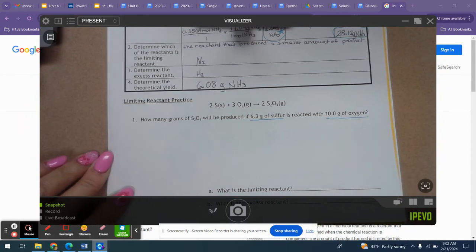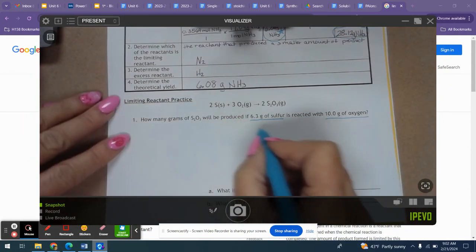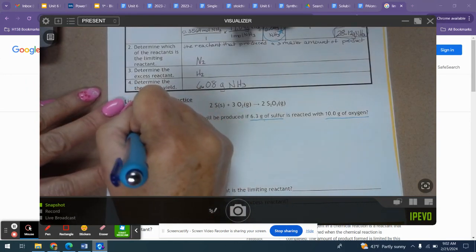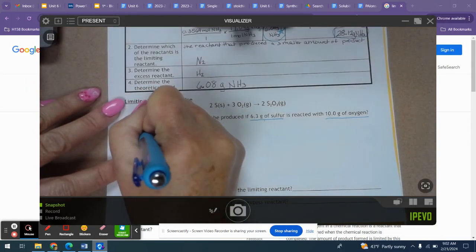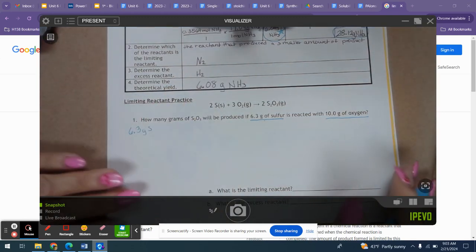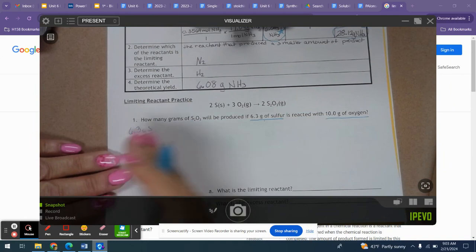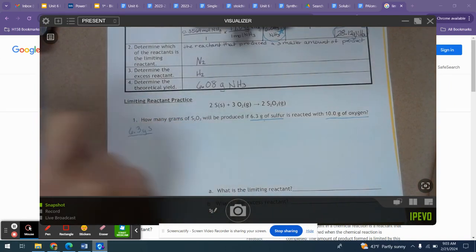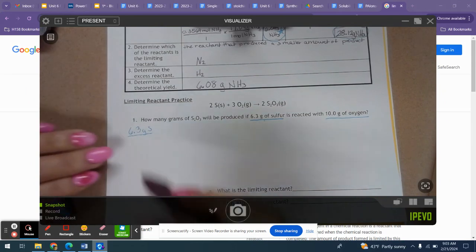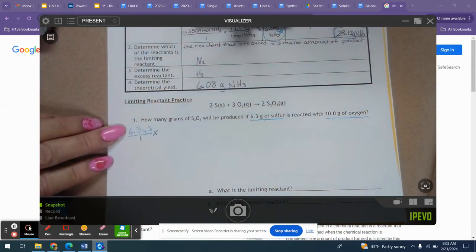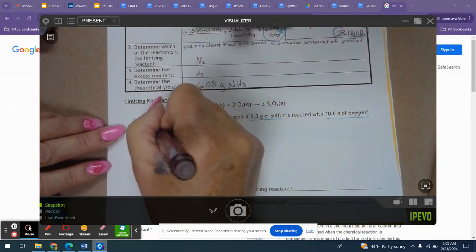So what we've got to do is start with 6.3 grams of sulfur, and we're going to do a gram to gram problem, so a 3-step problem. First we have to convert grams to moles using the molar mass.